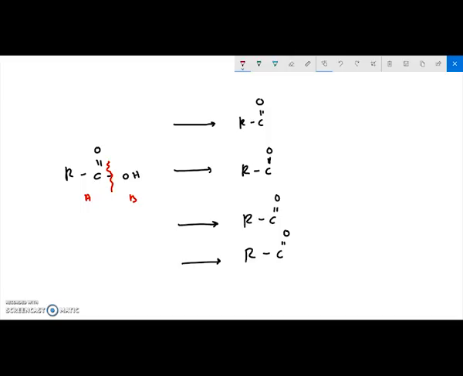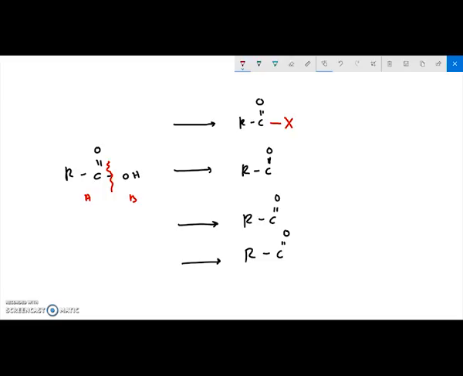Okay, for the first one, we're going to replace the OH with a halogen. So in general, we write it as an X. It can be either fluorine, bromine, chlorine, or iodine.